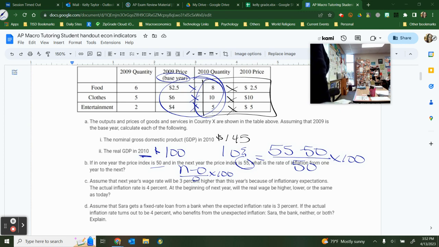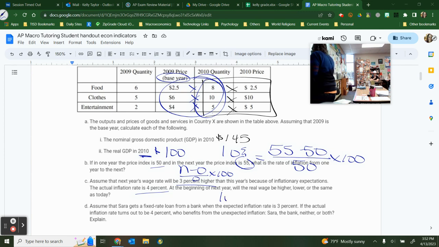All right. Assume that next year's wage rate is 3% higher than this year's because of inflationary expectations, but the actual inflation was 4%. So prices are going up 4%, your income went up 3%. Will your real wage be higher, lower, or the same as today?